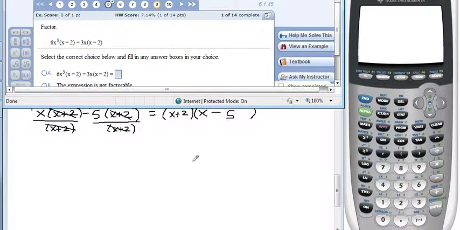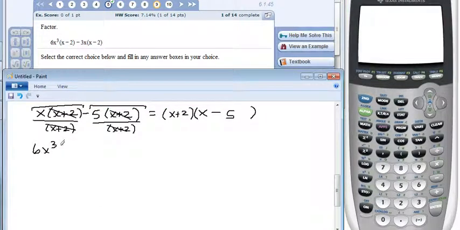Let's try this one. So here we have 6x cubed, x minus 2. There's one term, minus 3x, x minus 2. There's another term. So again, I'm going to look to see what they have in common. Well, they have a lot in common, and this one's going to be a multiple stepped one.